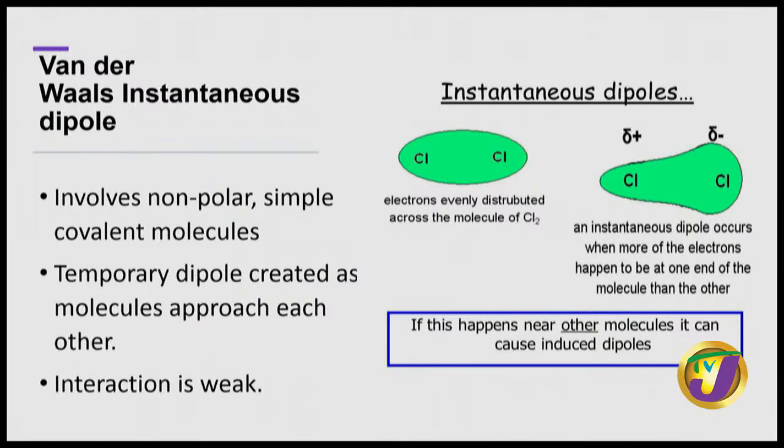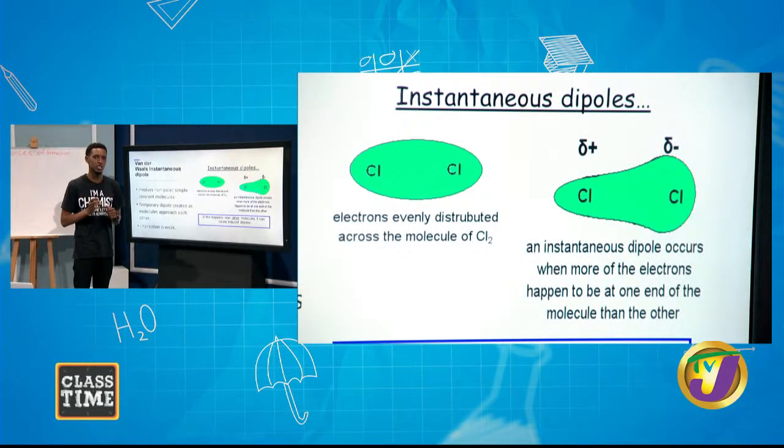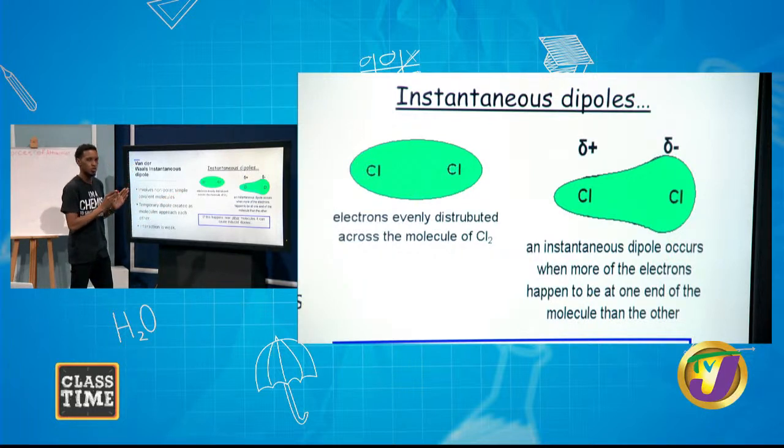Now, picture the chlorine atom. You can see the chlorine atom on the screen actually. So the chlorine molecule is two chlorine atoms bonded to each other. They're the same atoms, so they have the same electronegativities. So you can't have one chlorine atom having a greater electron density around it than the other.